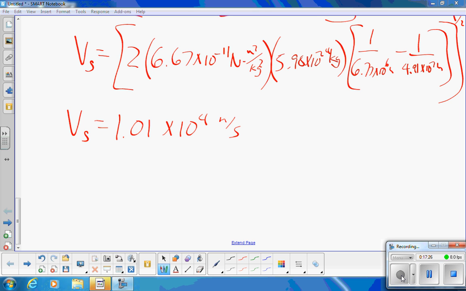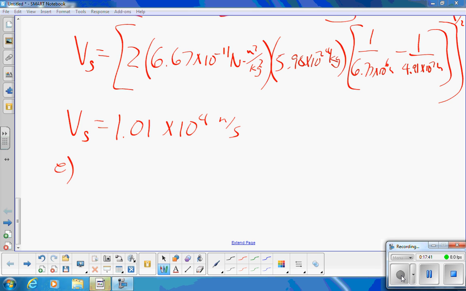That is part D. E. Oh, this is easy. What is the change in speed required to change it from Leo to the transfer orbit at perigee? That's just how much did I speed it up.